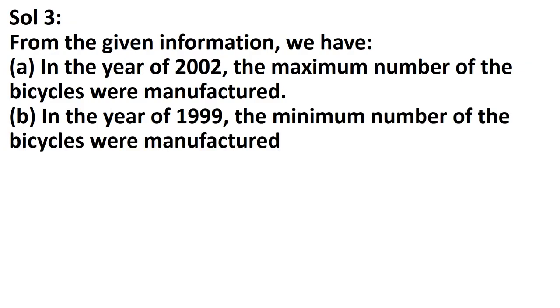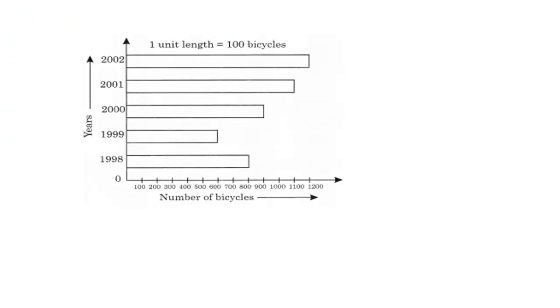And this is the graph. On the x-axis, number of bicycles sold and on the y-axis, years.